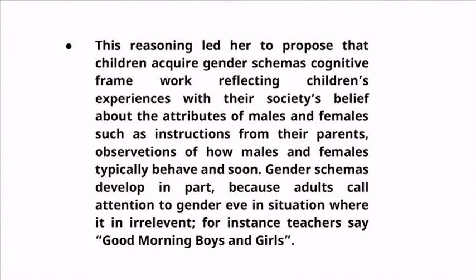Gender schemas develop in part because adults call attention to gender even in situations where it is irrelevant. For instance, a teacher says, "Good morning boys and girls." Why doesn't the teacher say, "Good morning students"? When we say, "Good morning boys and girls," we are discriminating between male and female.